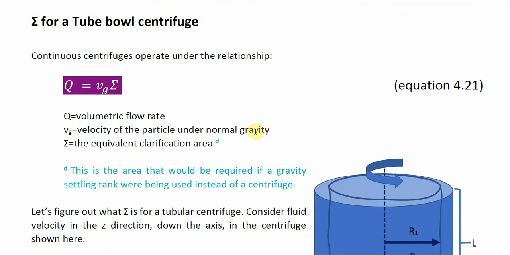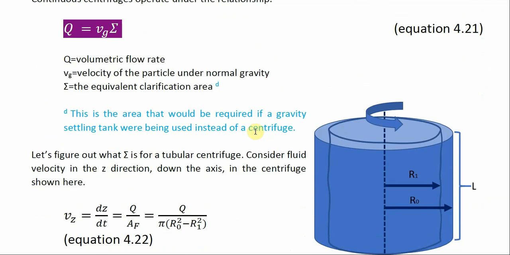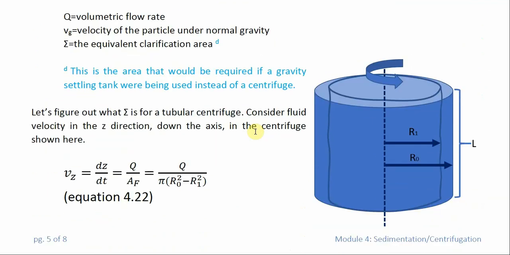Now, this is for all centrifuges, but the sigma will change depending on the geometry of the centrifuge. So sigma is the area that would be required if a gravity settling tank were being used instead of a centrifuge.